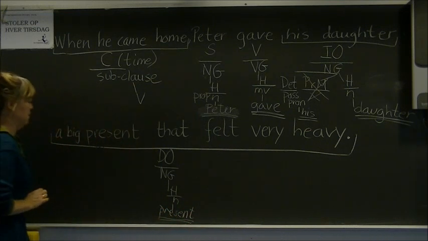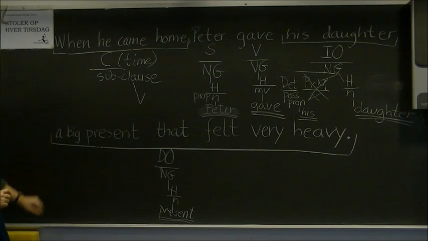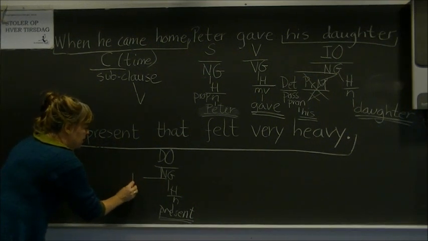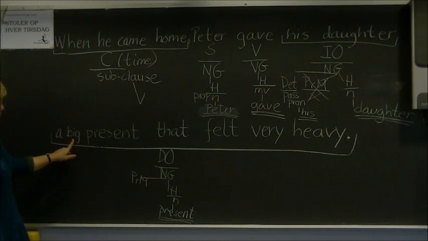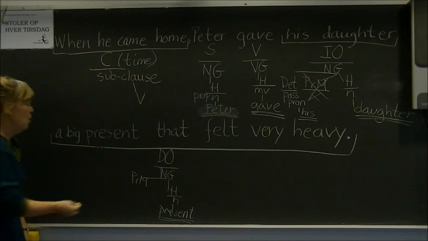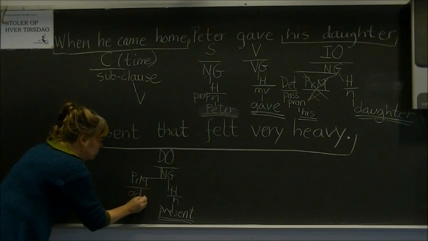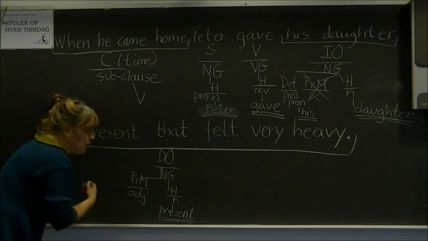Done with that. Then we've got some words in front of the head, and the first one is this pre-modifier that was empty up there, but now it says a big present, so that's a describing word, which is usually an adjective when we are in a noun group. It could also be a noun, but in this case it is just the usual thing. It is the adjective, big.